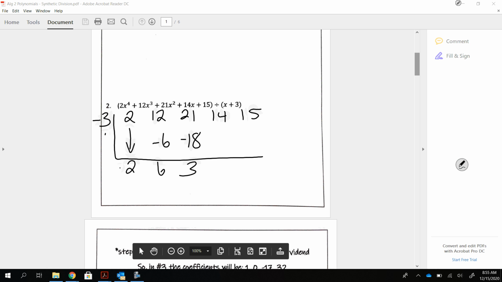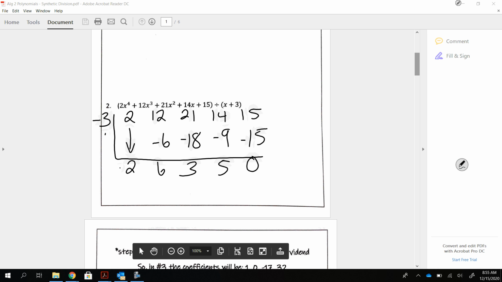Negative 3 times 3 is negative 9. 14 minus 9 is 5. Negative 3 times 5 is negative 15. 15 minus 15 is 0. We can see right now, looking ahead after the way we did number 1, this 0 means there's no remainder. But let's check to make sure that's right.